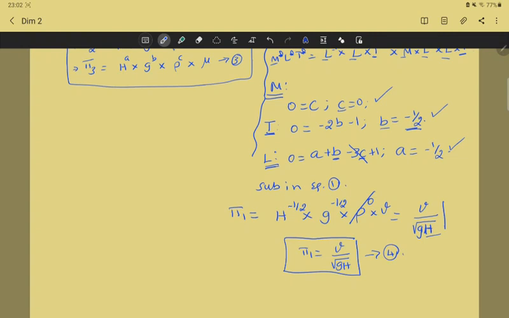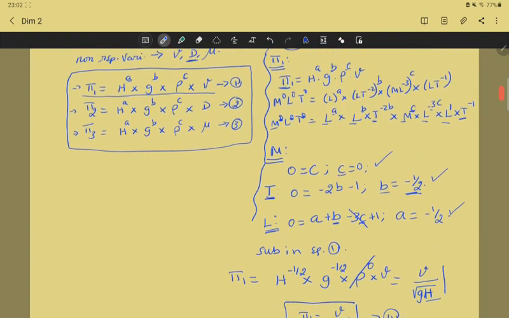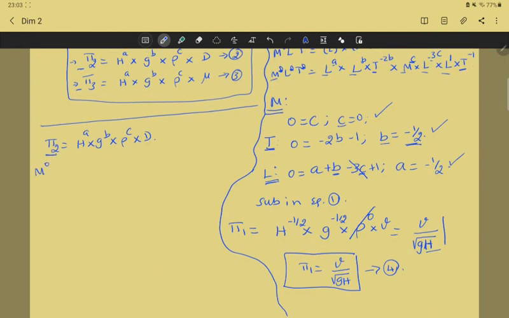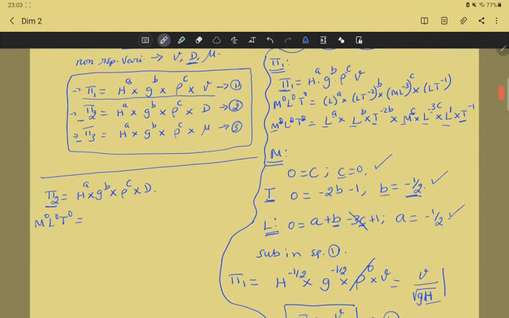Now I have to do the same thing for pi 2 and pi 3. Pi 2 equals h power a times g power b times rho power c times d. Let us write all the dimensions. Pi 2 is a dimensionless term, so M power 0, L power 0, T power 0 equals, these are the repeating variables h, g and rho, so I can just copy it from the previous one.